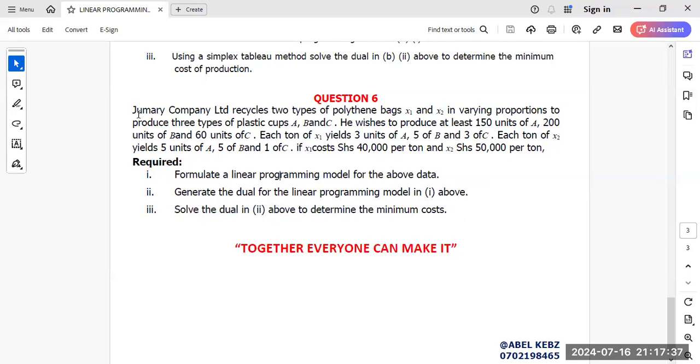Let it be your assignment. You formulate linear programming model, then you generate a dual problem. Is it clear? Just to test whether you have understood, you will try that.